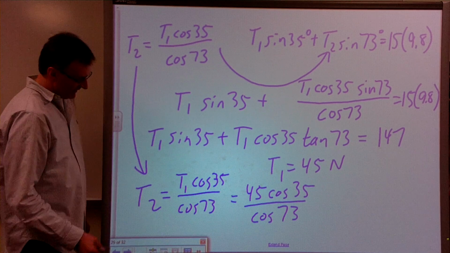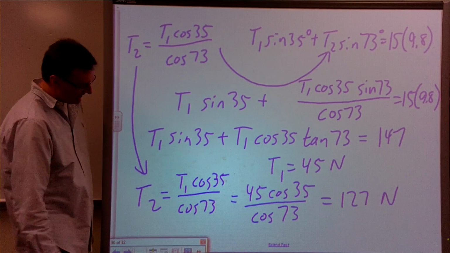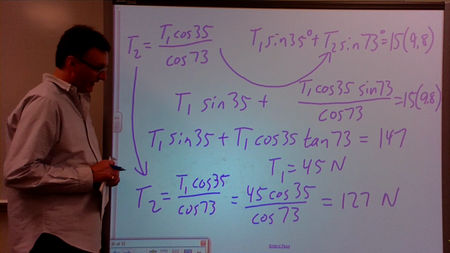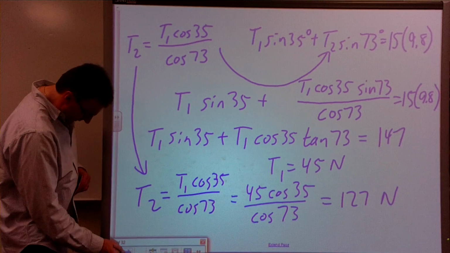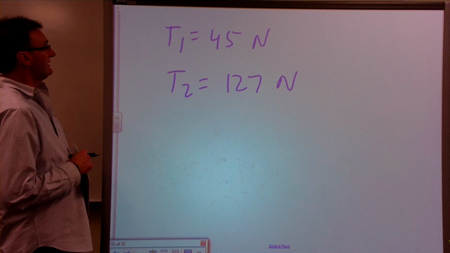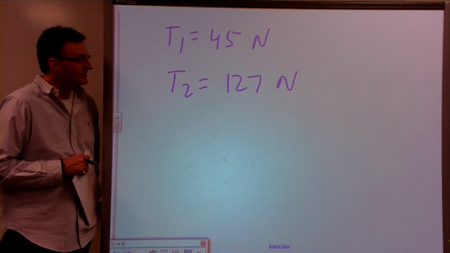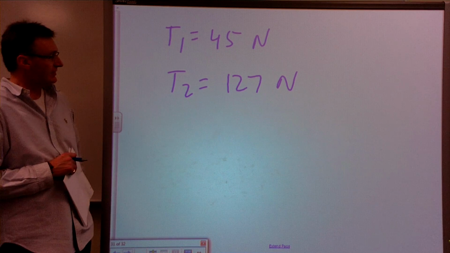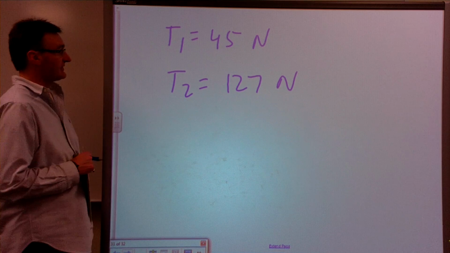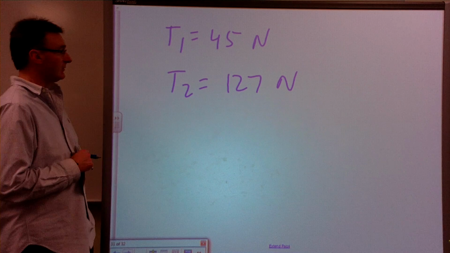And put those numbers in, do the arithmetic, and we get T2 equals 127 newtons. All right, so now we've got T1 45 newtons, T2 is 127 newtons, and so then we have solved this particular problem with a problem of static equilibrium.